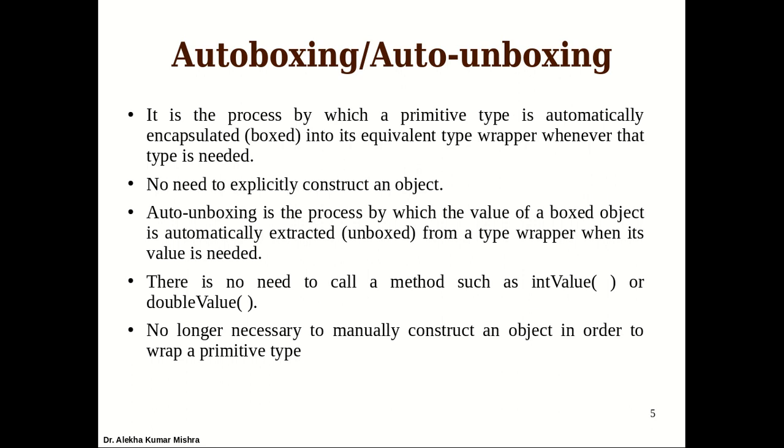That is only for demonstration, but when it is required we can do it directly. So it is no longer necessary to manually construct an object to wrap up. We can do this automatic conversion with an assignment operation whenever and wherever we need.